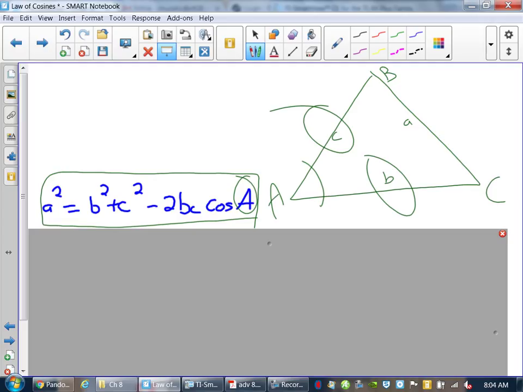You have the a squared, so then you rotate it to the b squared. Well, then that means these two just change spots. And then you do it with the c value. I'll show you.